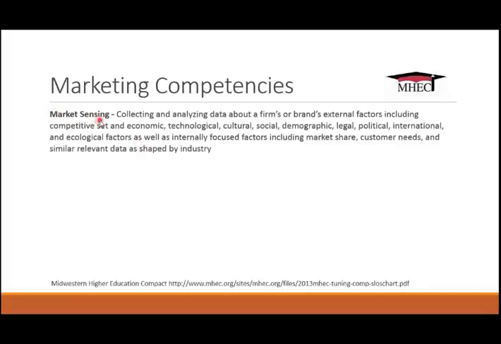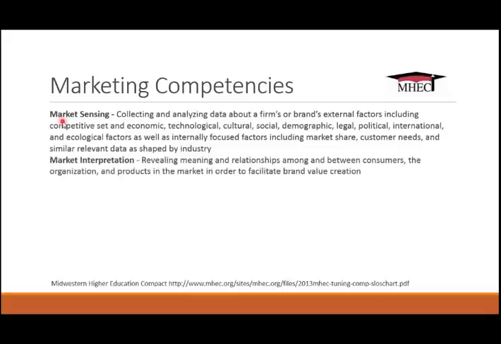Marketers also sense things that are a little bit more internal to the organization, like market share, customer needs, and industry trends and data. So the first aspect of marketing is to be able to sense what's happening in the marketplace.